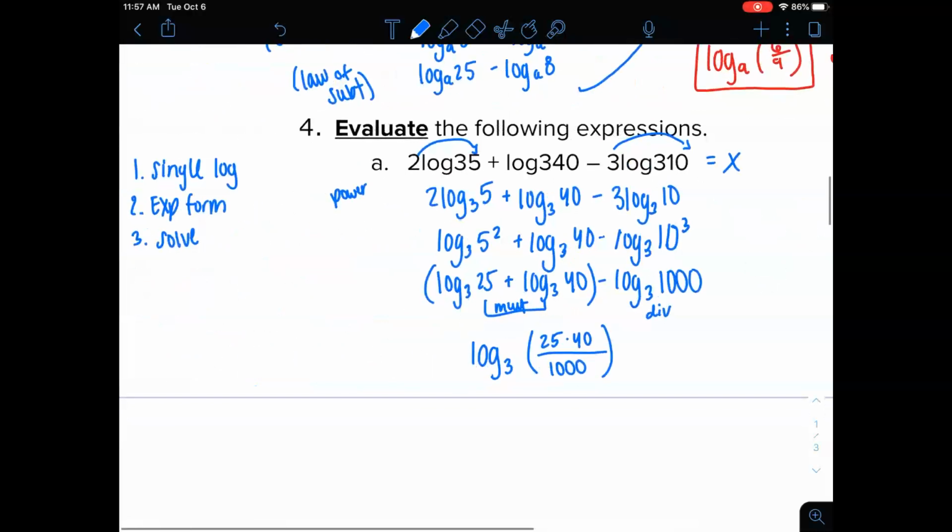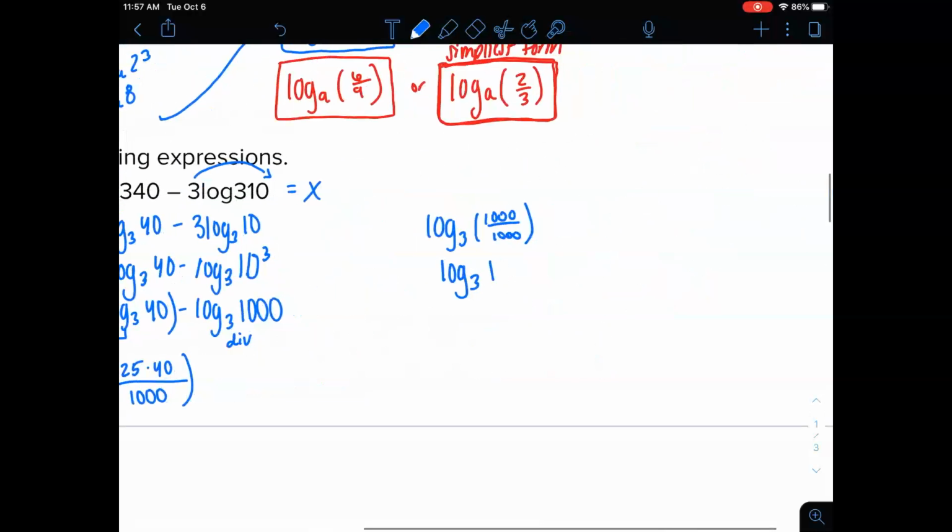Now that I've got this in a single logarithmic expression, I can then rewrite this in exponential form and solve for what this is equal to.